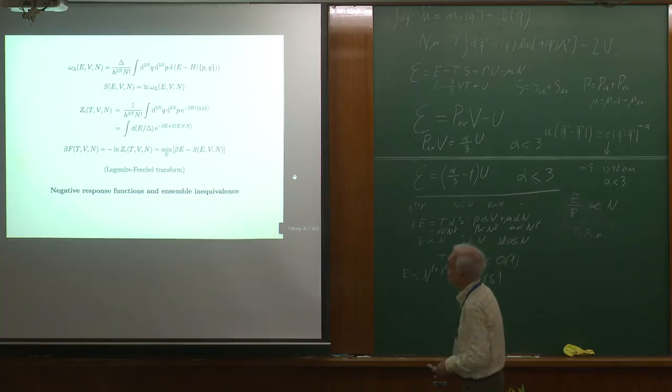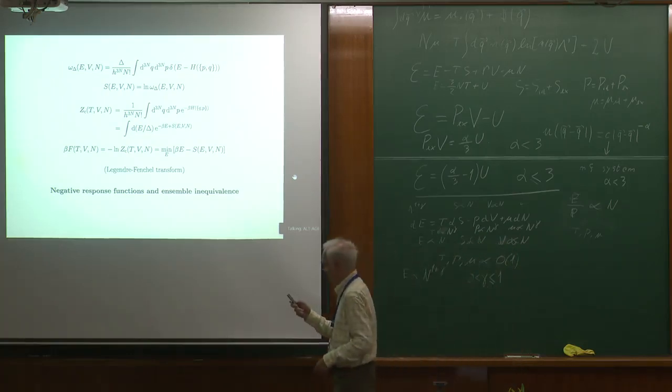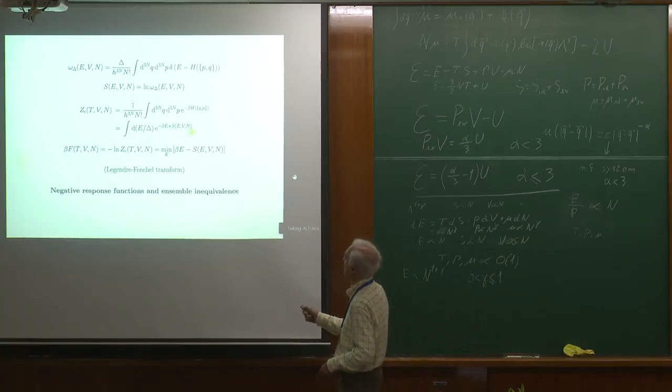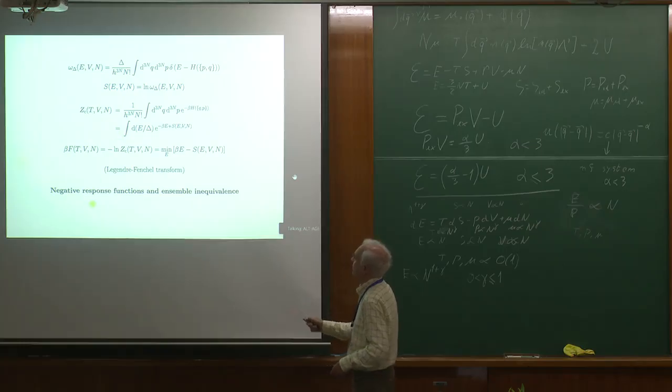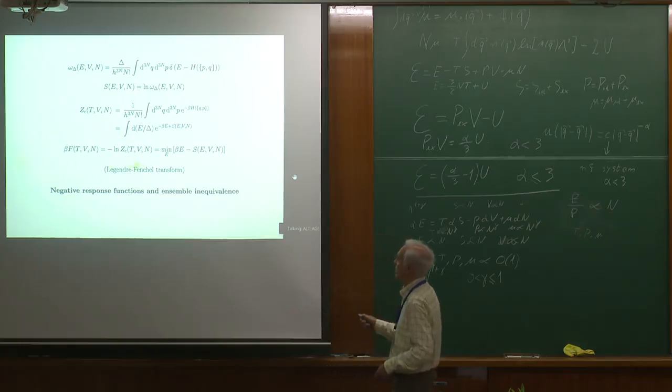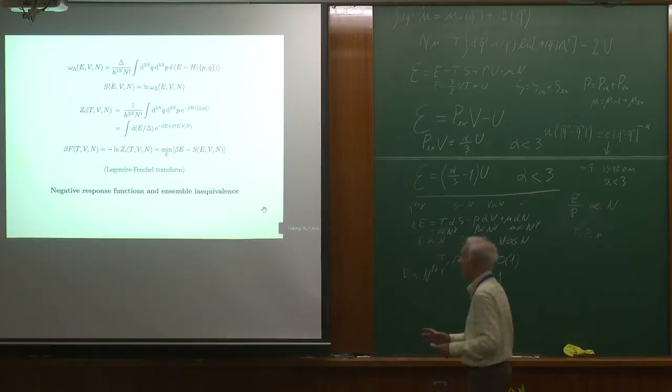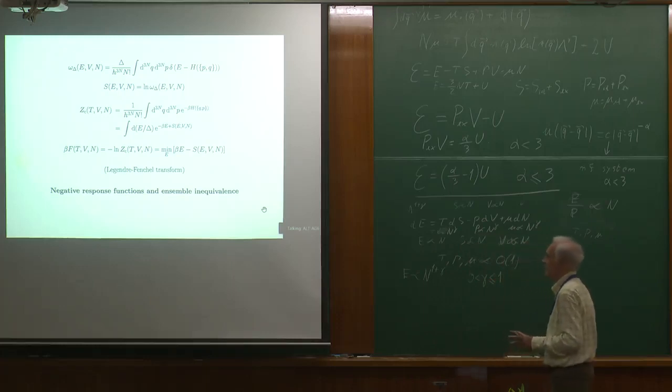And below, at the end here, I have written the relation that you get by solving this integral with the saddle point method, where beta f is equal to minus the logarithm of the canonical partition function. This is what I was mentioning at about the end of my lecture. It's called the Legendre-Fenchel transform, and this is at the real heart of ensemble inequivalence.